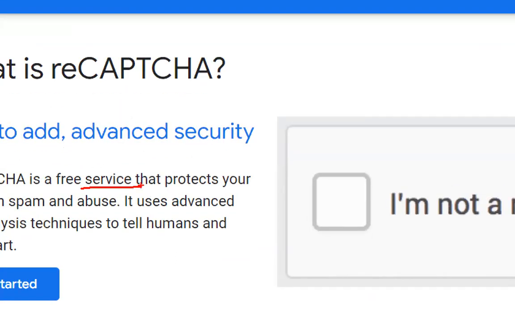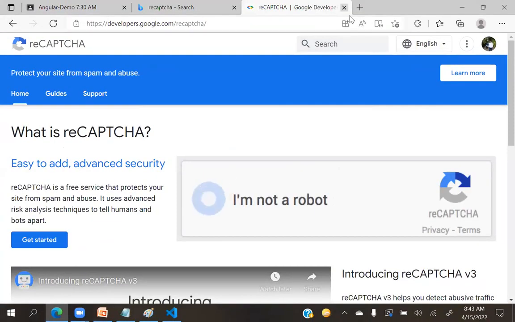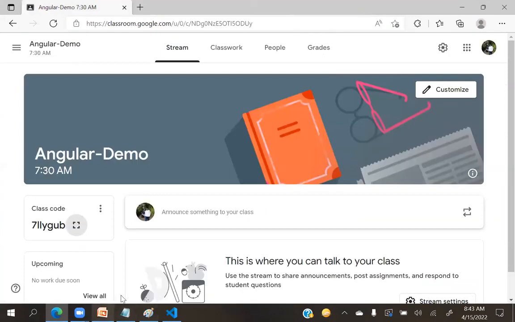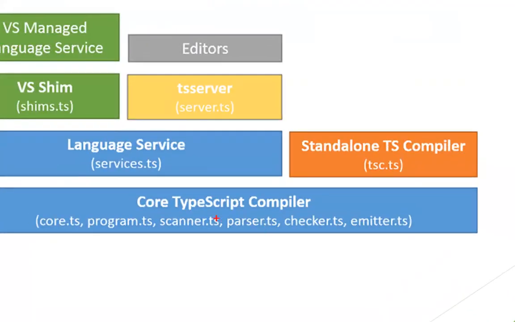So technically, what is meant by service? Service means a predefined business logic. Here, the same concept applies. I told you that the compiler will verify whether you have written the correct logic, whether keywords are correct or not. From where will it verify? It will verify from the service.